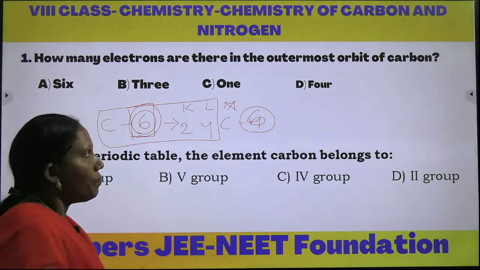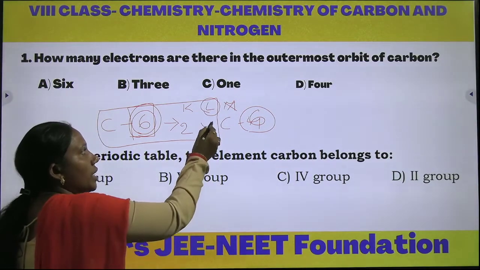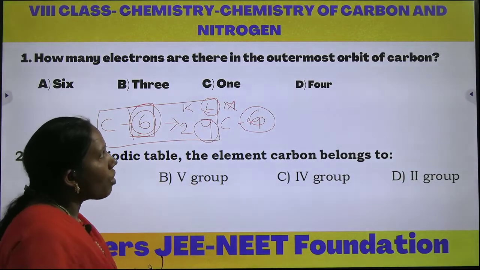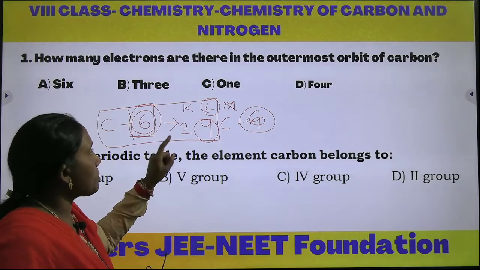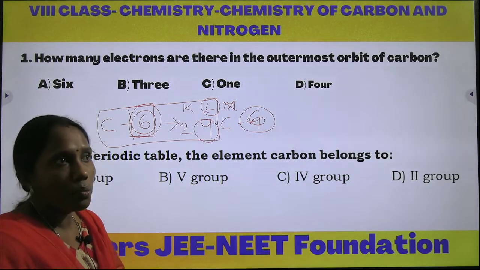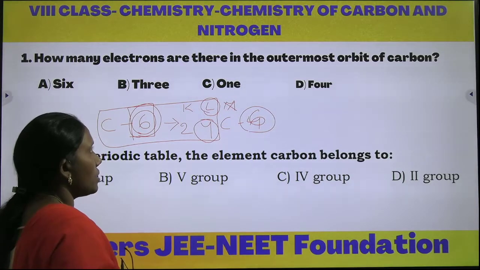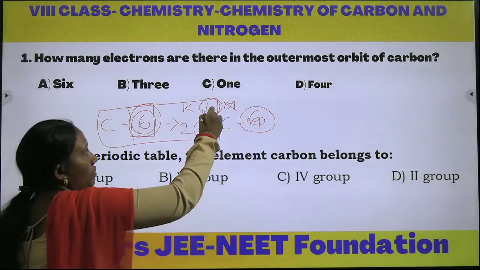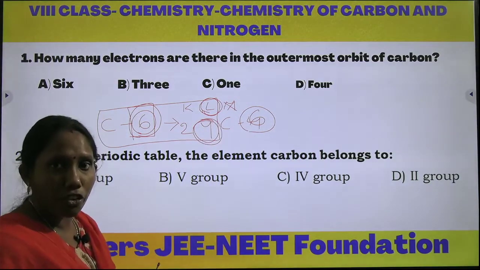Outermost orbit means last shell. Here the last shell is the L shell, so L is the outermost orbit for carbon, and the number of electrons in it is 4.